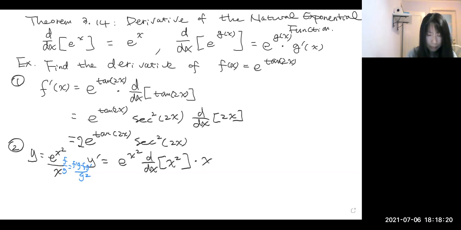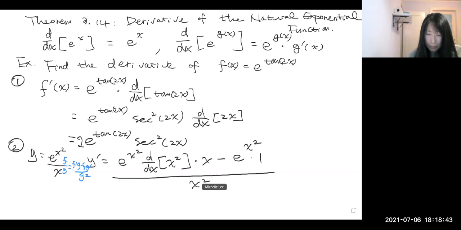Then minus f, which is e to the x squared. And g prime, what do you get? 1. So you don't write down 1, that's good. It's okay. So x squared, right?